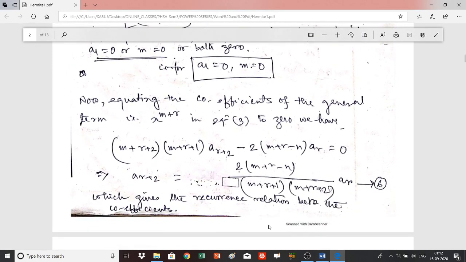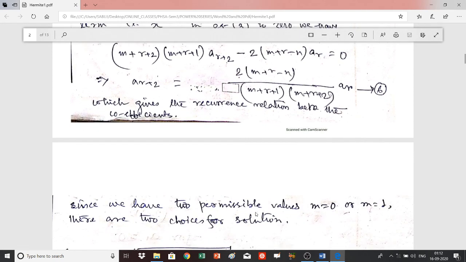From here a r plus 2 is equal to 2 into m plus r minus n, divided by m plus r plus 1 into m plus r plus 2, into ar. This gives the recurrence relation between the coefficients, and I write it as equation 6.